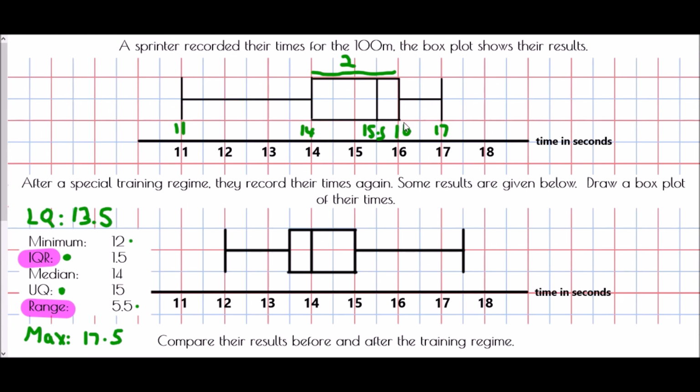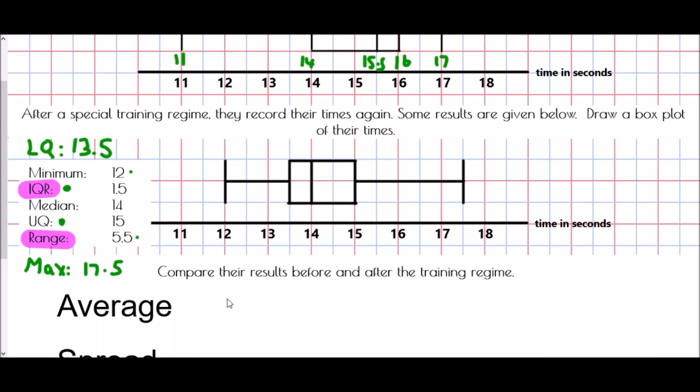Well, the only average that we have is the median. And it shows that in the original series of results, the sprinter took on average 15.5 seconds. If we compare that with the second diagram, in the second diagram, they took 14 seconds. Now, key here, what does that actually mean?